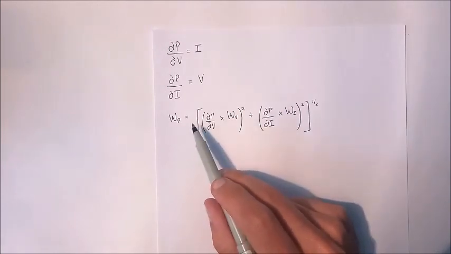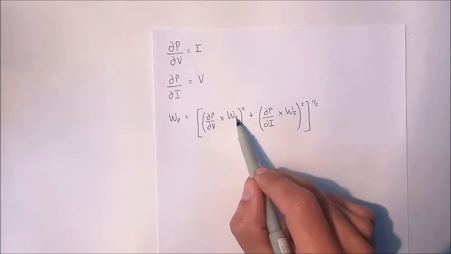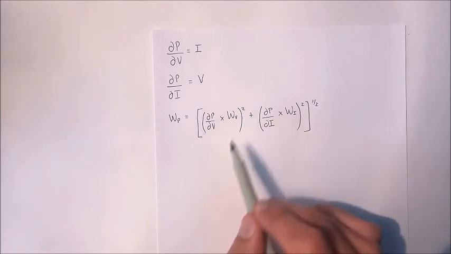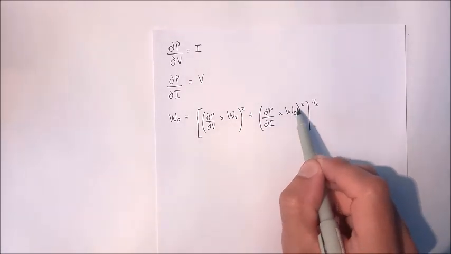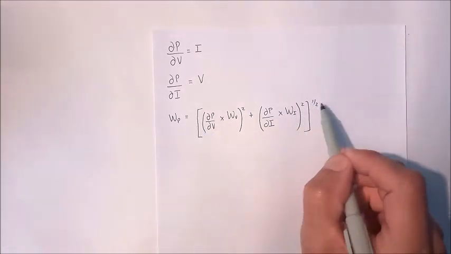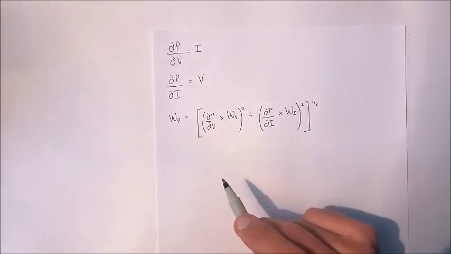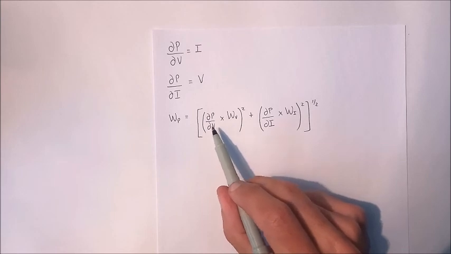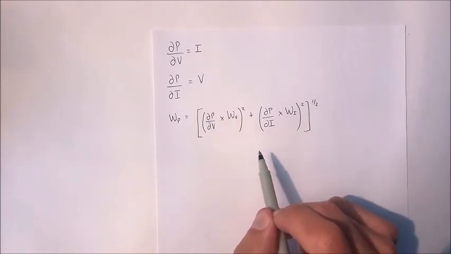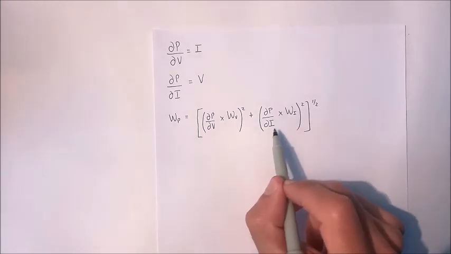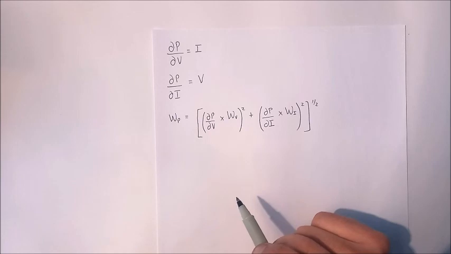So WP is equal to dPdV multiplied by the weighting factor of V, and that's squared, plus dPdI multiplied by the weighting factor of I, that's squared, and then we take the root of that all. The error that I made was I was multiplying dPdV with the weighting factor of I and dPdI with the weighting factor of V, which then creates errors in your calculation.